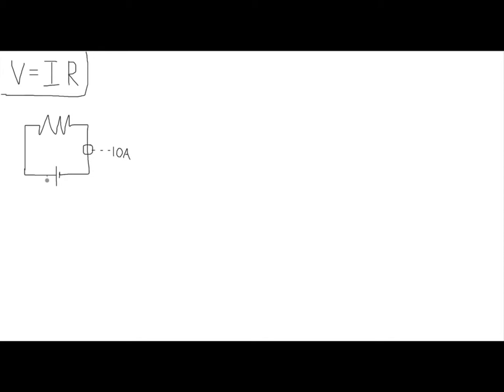The voltage, or potential difference, was 20 volts across the cell. What we can do is solve for the resistance. So using this equation, you can rewrite it. We can solve for resistance.